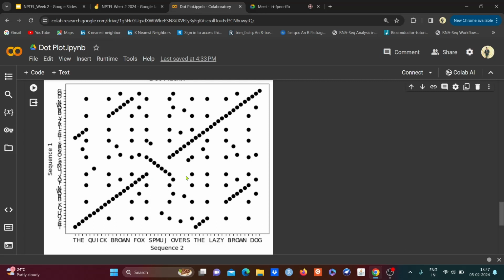Yes, someone has raised a hand. Yes, please. Sir, is there any rule that sequence 1 should come on the x-axis and sequence 2 on the y-axis? Yeah, I understand your question. Thank you for raising this question.